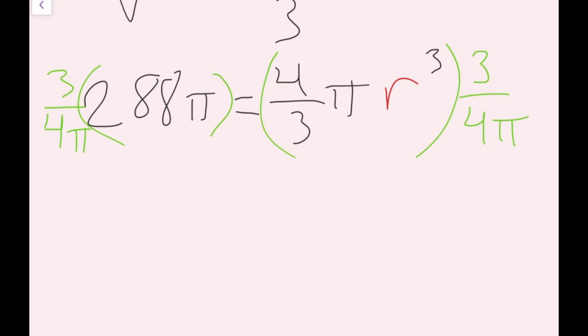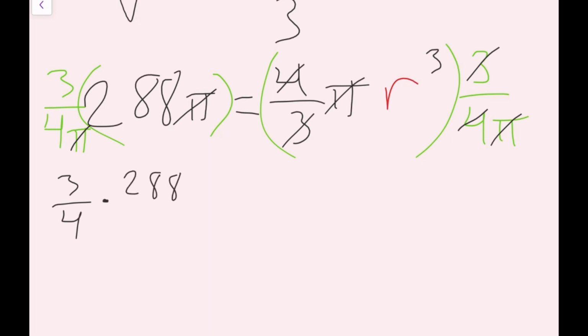And then what happens here is the 4's cancel on this side, the 3's cancel on this side, and the pi's cancel on this side. And then what happens here is these pi's cancel, and this becomes 3/4 times 288. And that is all equal to r cubed.